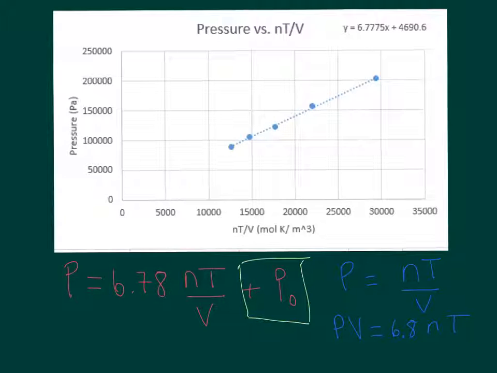Now you may be thinking, well, it's not 6.8. What I always learned was that it was 8.314 or something to that effect, depending on what units you were using. And so this is interesting. This is experimental error most likely.